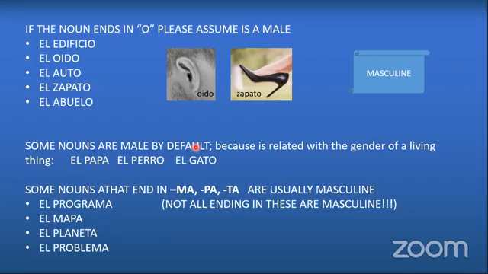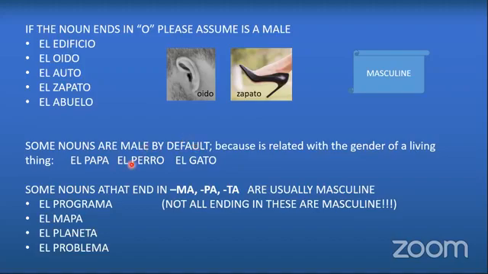So if we are talking about the dad, el papá, the grandpa, el abuelo, my uncle, el tío, my male cousin, el primo. If the human being or the living thing has a masculine gender, by default we know the article.